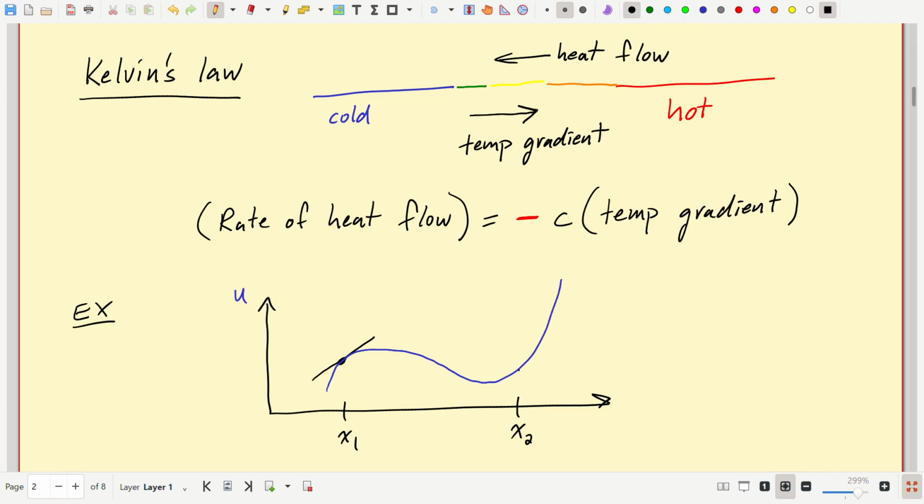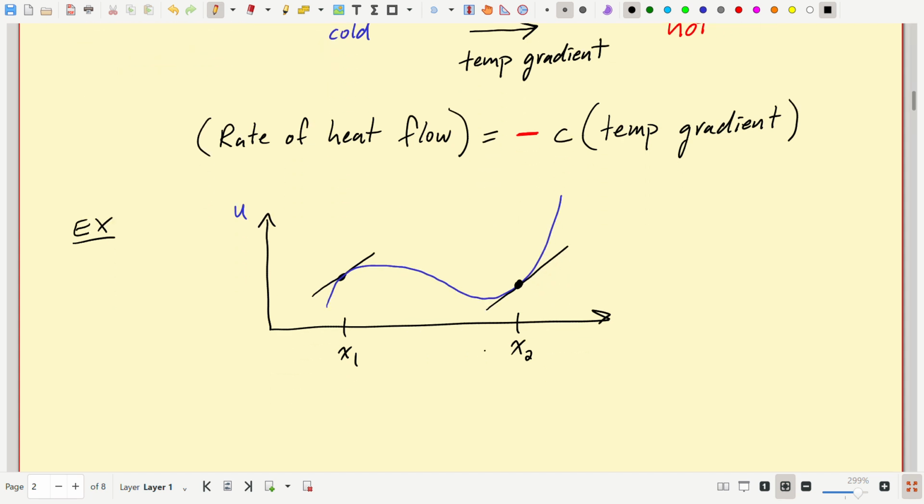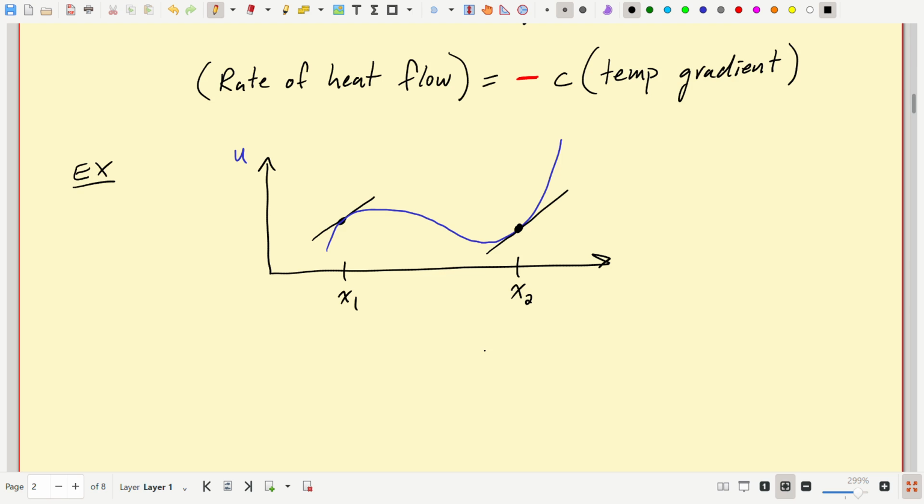Okay, those temperature gradients are positive, and the flow here, because it's hot to the right and cold to the left, the heat flow would be going in. But on this side, it's hot to the right and cold to the left, the heat flow would be going out, even though they're the same directions. So here the flow is going in, and here the flow is going out.